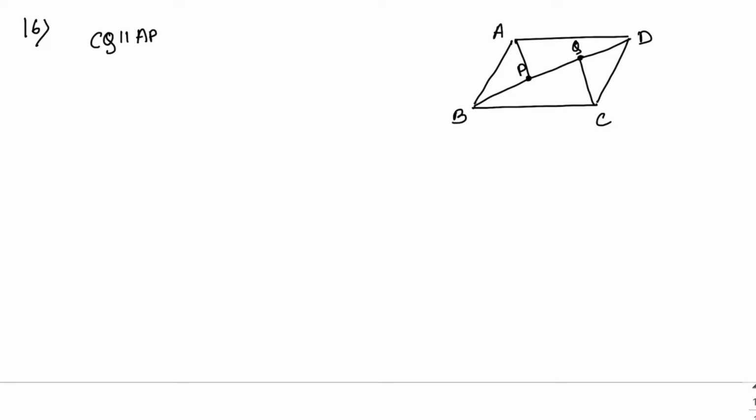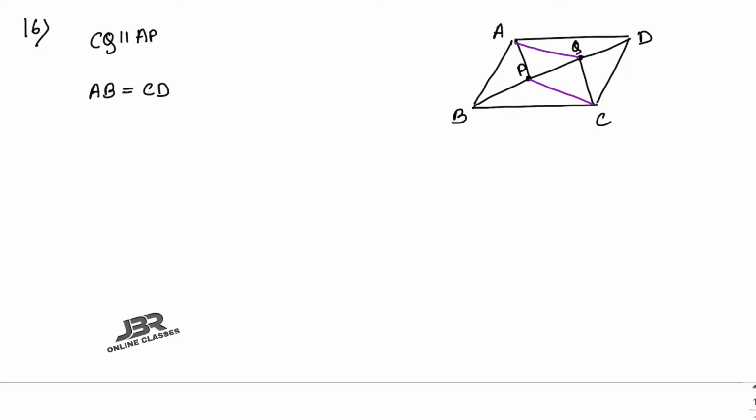So first you have to join AQ and then join CP. As ABCD is a parallelogram, then definitely you can write AB is equal to CD, because opposite sides are equal. Clear?